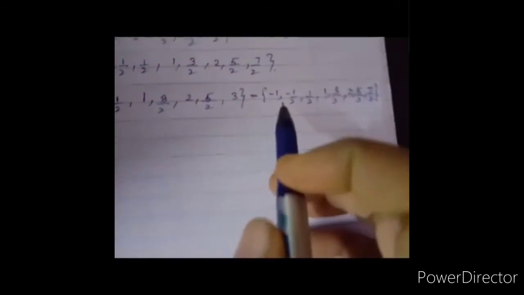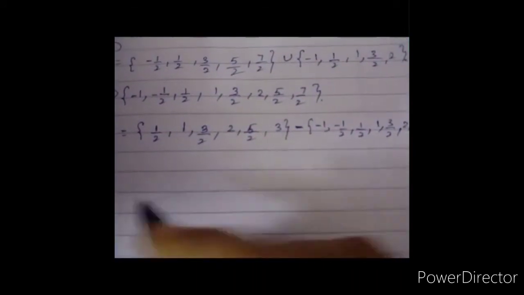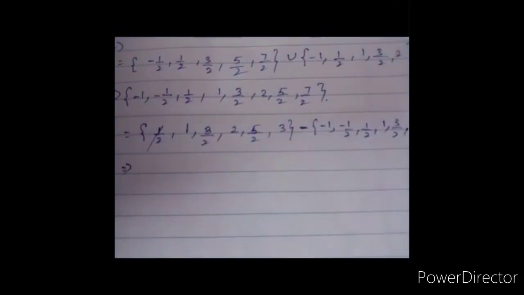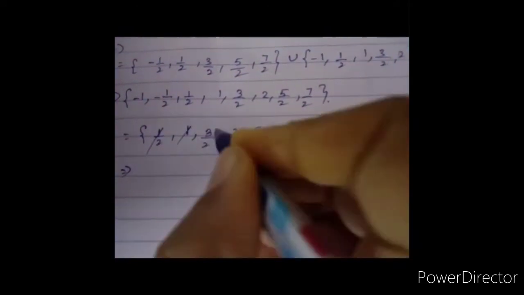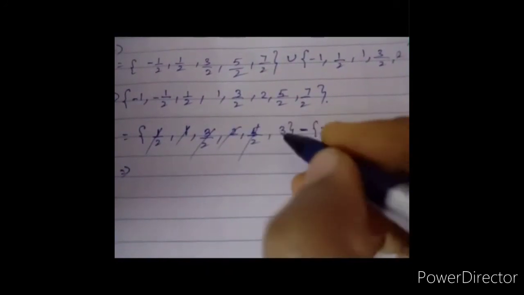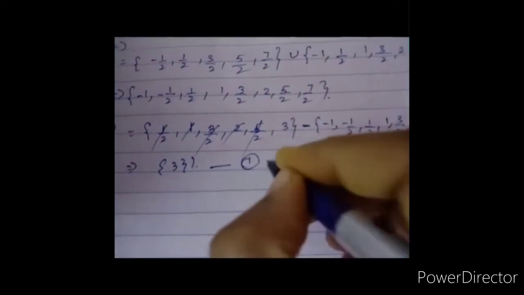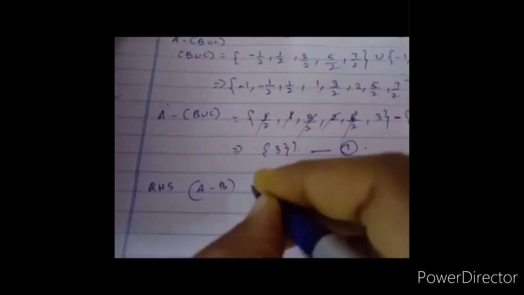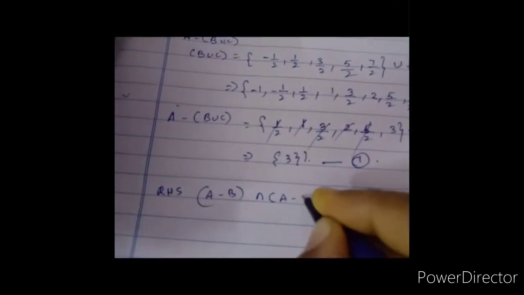Now if any of the B union C elements is present in A, strike out that element. -1/2, then 1, 3/2, 2, 5/2. So the remaining element is only 3. This is your first equation. The next one is your right hand side, (A minus B) intersection (A minus C).